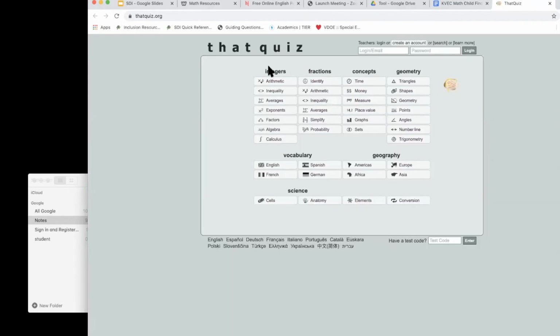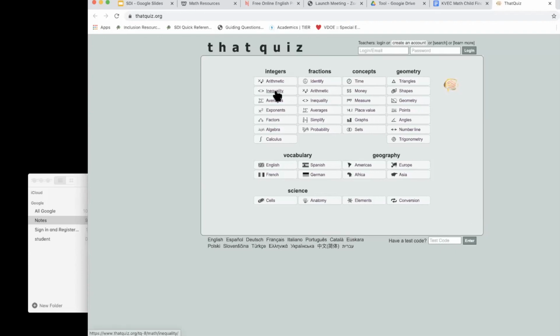Thatquiz.org allows you to look at multiple things. You can create a free account. You can put your kids in, it gives you a code. They come back to this site right here, they put in the code, and it takes them right to their test. It keeps that information and even graphs it for you.